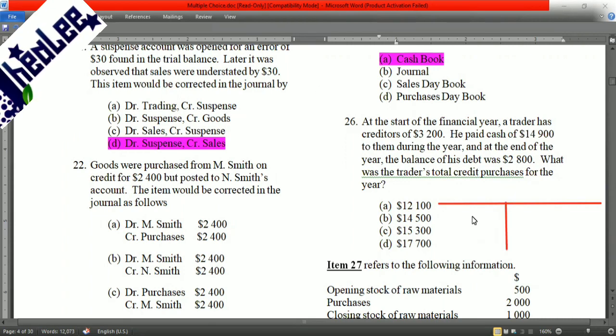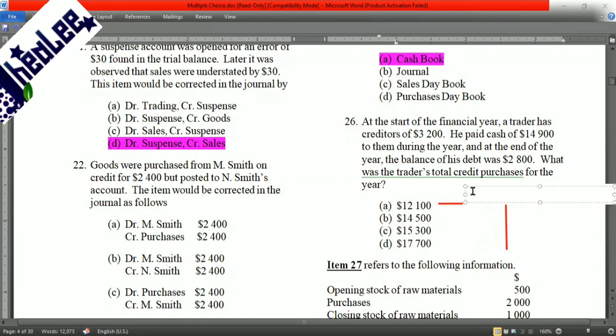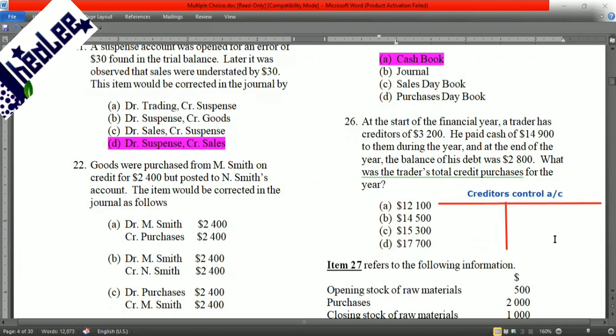And because it is looking at creditors, it means that we're going to use the creditors control account, right? Now, remember, it carries a credit balance. The normal balance is a credit balance. And we're going to begin by entering our opening balance of 3,200.